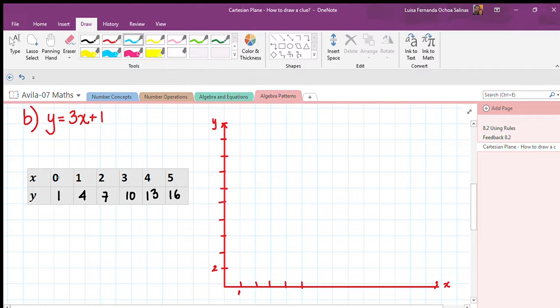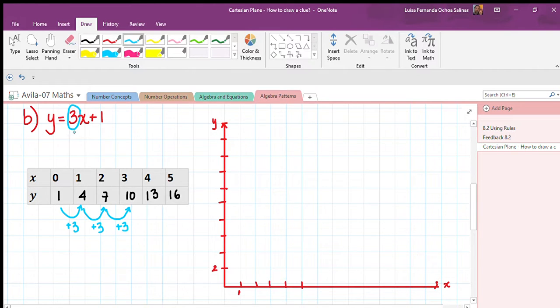So I have here all consecutive numbers, 0, 1, 2, 3, 4, 5, agree? And then we ask, what is the difference between 1 and 4? We know that the difference is 3. And we know that this difference will continue happening for each consecutive value in y, agree? And this plus 3 is what is giving us this 3 number.